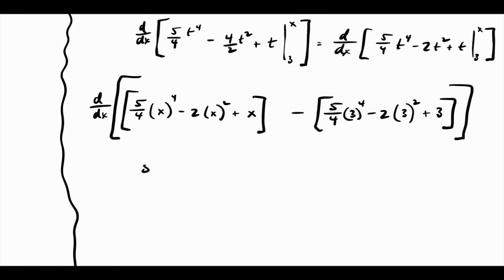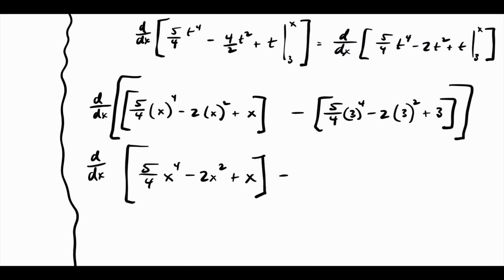Okay, so the first guy is just 5/4 x to the fourth minus 2x squared plus x. The second guy, let's see, 3 to the fourth is 81, so 5/4 times 81 minus 2 times 9, which is 18, plus 3.